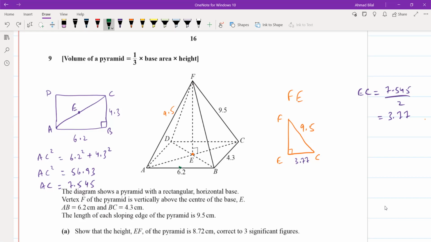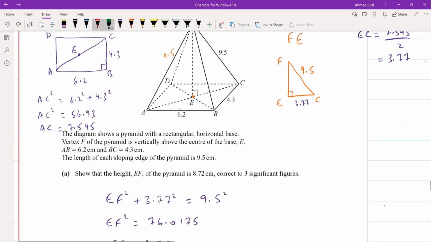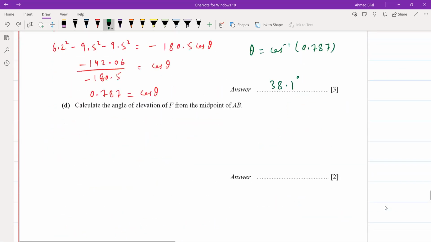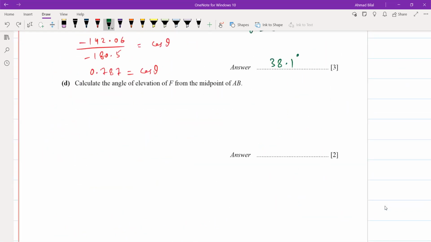ठीक है? अब देखते हैं यहाँ पे नीचे रिमेंबर हमारे पास रेक्टेंगल है ना? नीचे रेक्टेंगल है. Now if you look at this, यहाँ पे बना लेते हैं इस फिगर को। ये हमारे पास रेक्टेंगल था नीचे, ABCD.